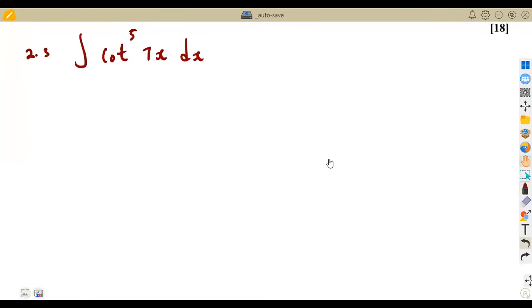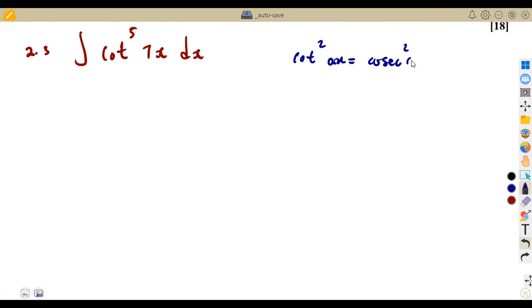Anyways, I said for cot and for tan, whether it's to the exponent of an even number or an odd number, we are supposed to split this using the identities of cot and tan, which we are going to have as cot squared ax is equal to cosec squared ax minus 1. Remember, that was the identity that we said we're going to use. So if it is to the exponent of 5 like this, we have to expand until we can integrate.